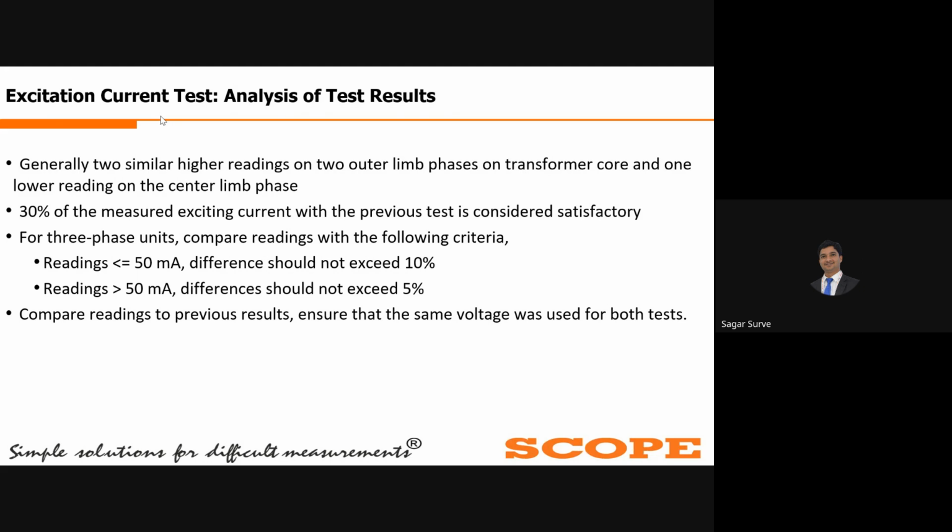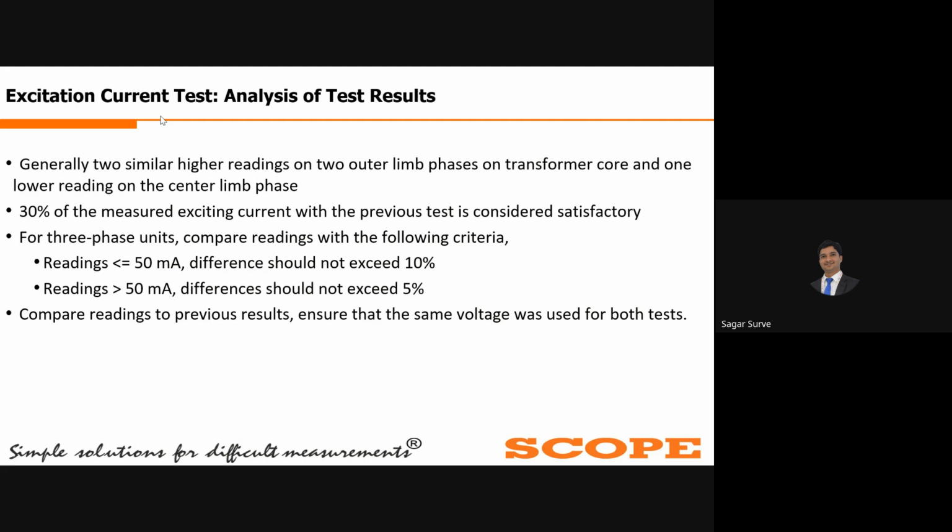Means if your transformer is a three-phase transformer, and generally you are getting an excitation current value of less than 50 milliampere, then in that case the difference with the previous result should not be more than 10%. Or if the results we are regularly observing are more than 50 milliampere, then the difference should not be more than 5%.